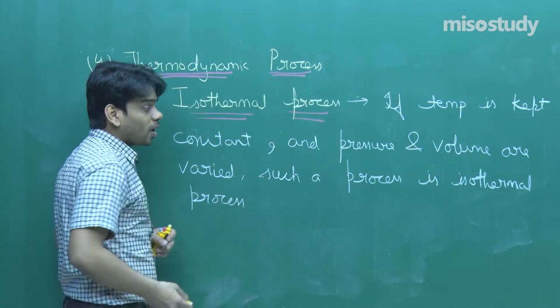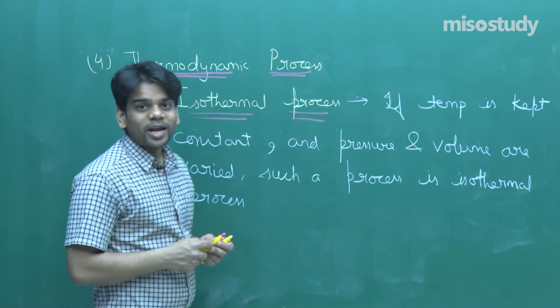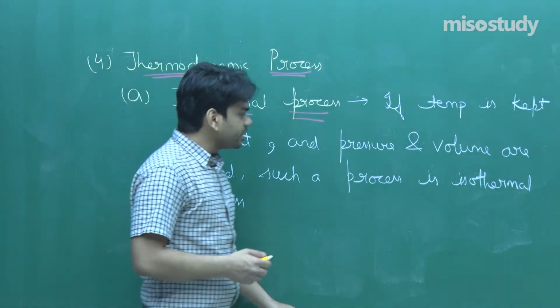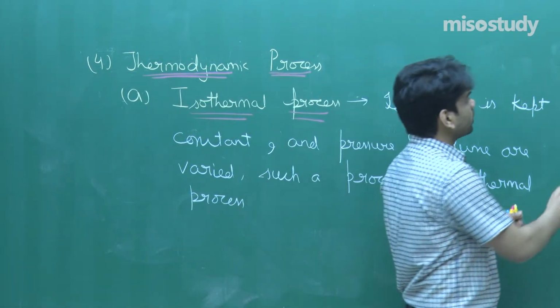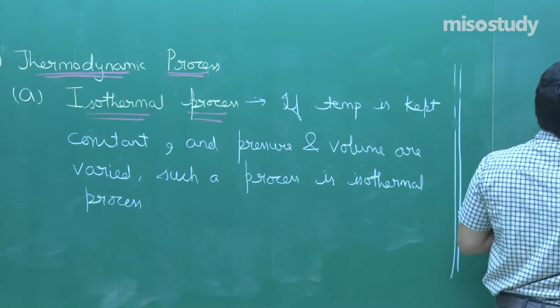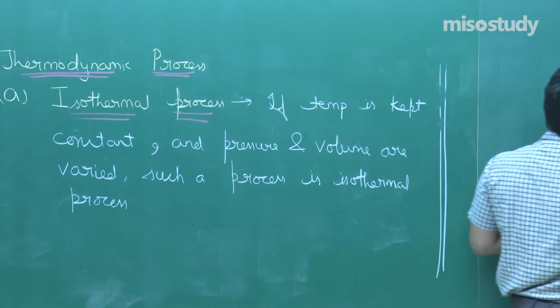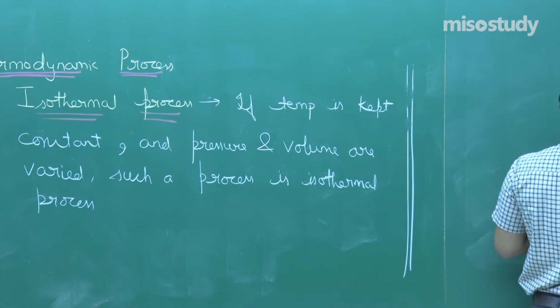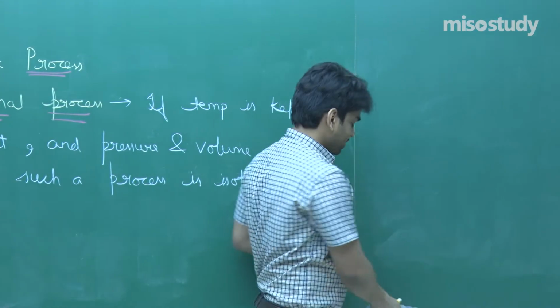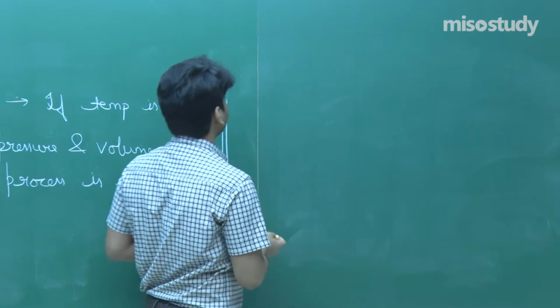Now I'm talking about changing the thermodynamic variables of the thermodynamic system. Let's take the diagram, let's try to understand what kind of process we are talking about and what an isothermal process is. Now remember, in Boyle's law, temperature was kept constant. So Boyle's law will hold in this isothermal process.